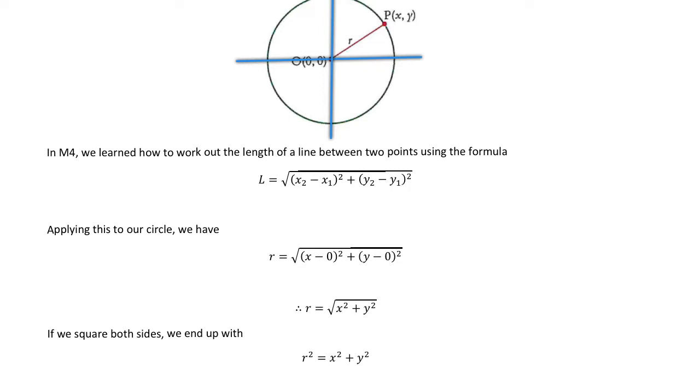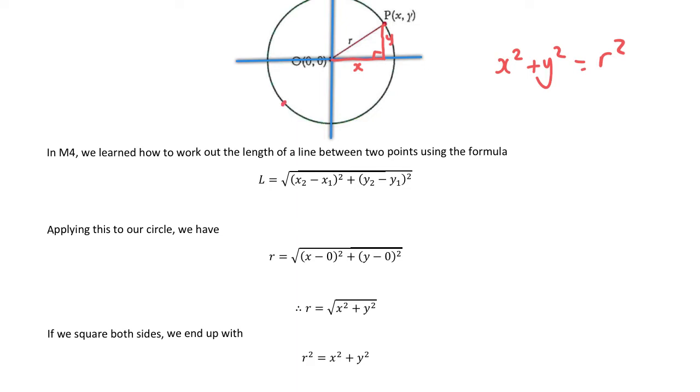Now there's another way we could have established that, and it's using Pythagoras' theorem. So if we think about the radius r, and we form a right angle triangle, and because P has the coordinates x and y, this distance is going to be x and the height is y. And what we know about a right angle triangle is that x squared plus y squared is going to equal r squared. And that's going to be true for every single point on the curve.